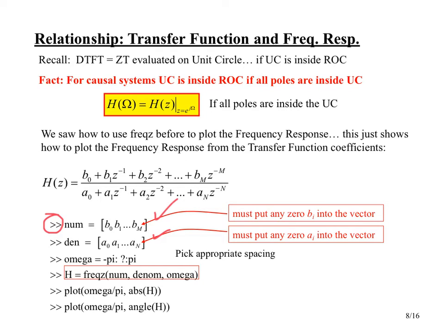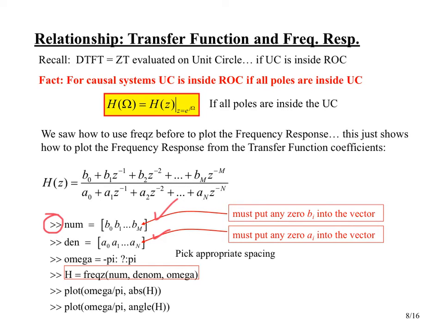The smaller you make that number, the larger the number of points you'll get in your omega vector, but the finer the grid will be on which you're plotting your frequency response. So typically I just play around with it. 0.001 is my go-to value. And then when I plot it, if my plot looks kind of jagged, I'll make it a little bit smaller and see if that smooths it out.